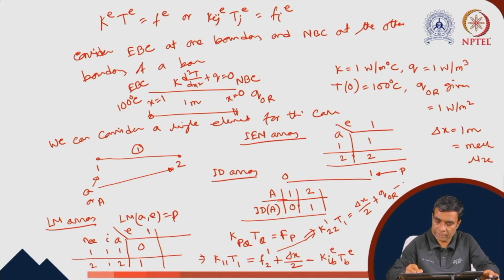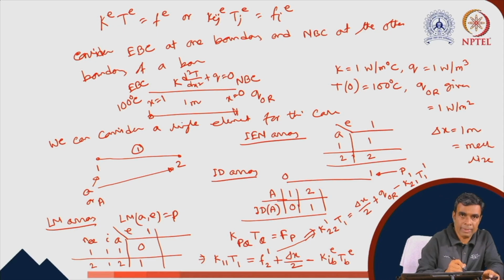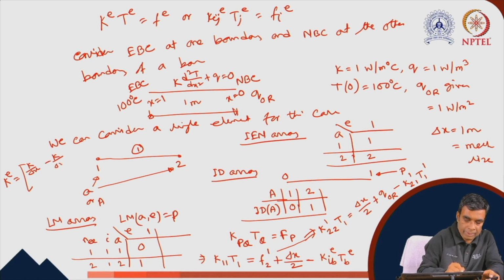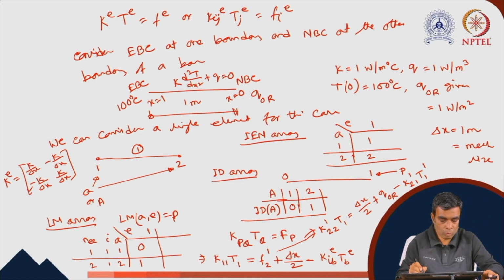So here it comes as K211 T11. Now later we shall show that the element level matrix for the Laplacian equation is Ke equals to K by delta x, minus K by delta x, minus K by delta x, K by delta x. So for this matrix, the K21 term is minus K by delta x.